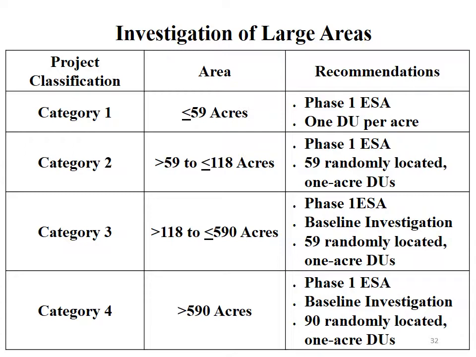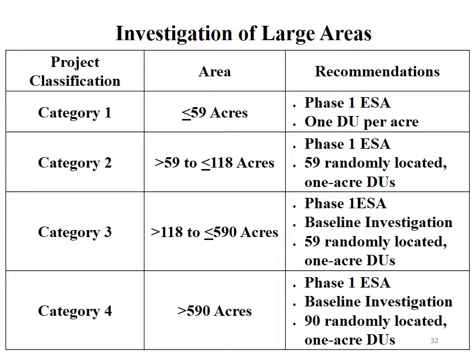or the 59 randomly located. So in this large area, we're doing both a baseline investigation, and then within those areas, as above, we're locating 59 randomly located 1 acre DUs, again, to look for contamination at that scale.